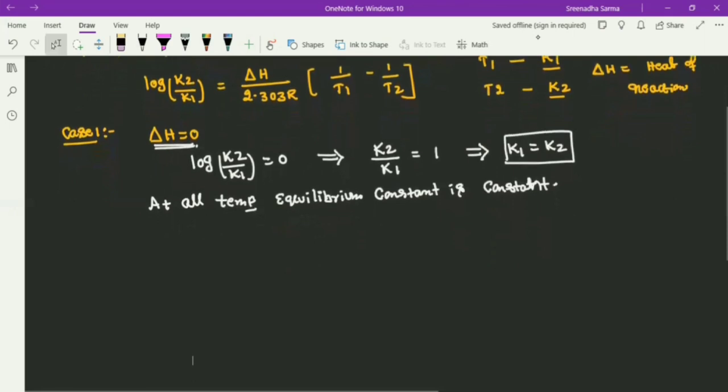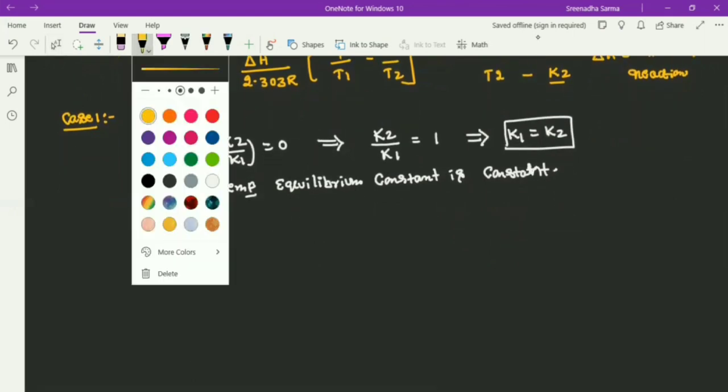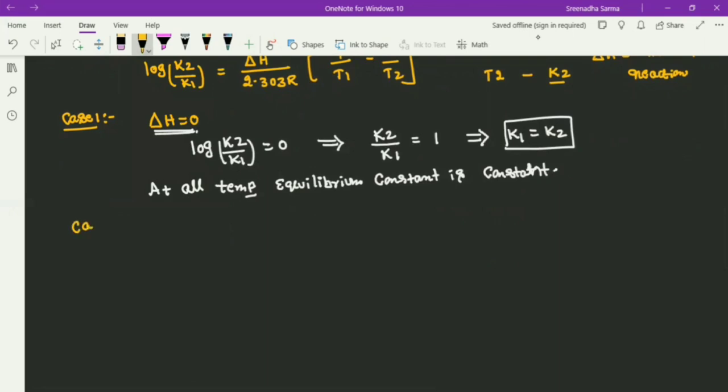Case 2, delta H is negative. So the forward reaction is an exothermic process.